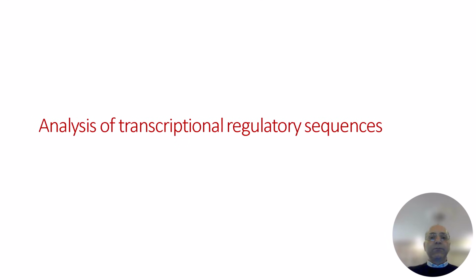Right. So let's talk about something different here. Let's talk about how we can analyze transcriptional regulatory sequences. Now, we talked about regulatory pieces of DNA, like promoter regions or enhancers.